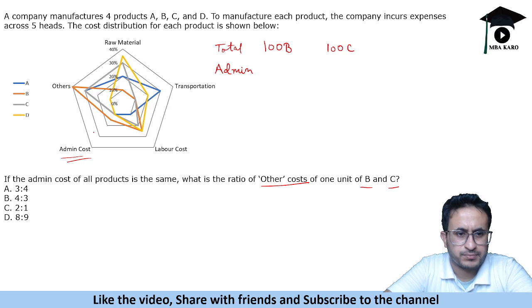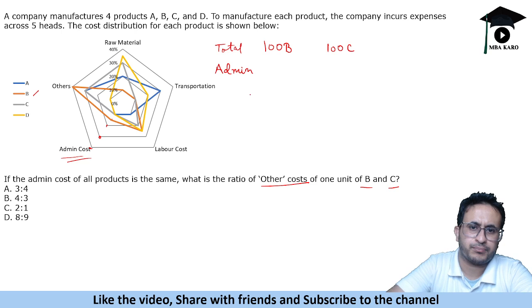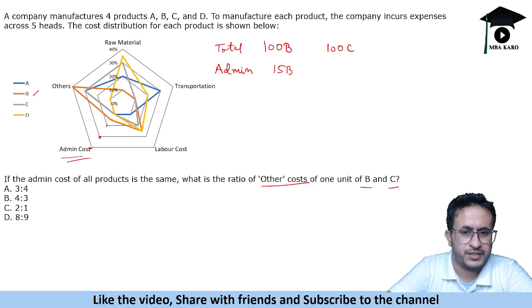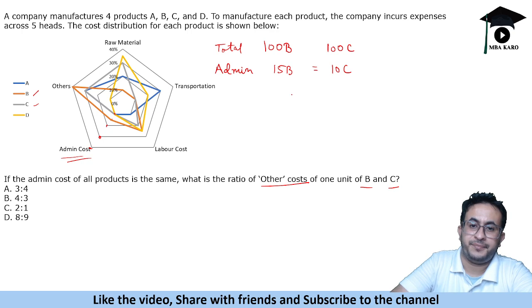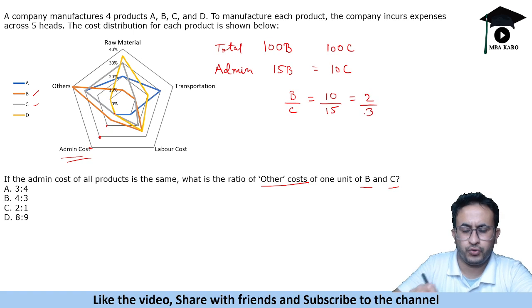Admin cost is same, so admin cost of B is this, 40, 30, 20, 15. 15% of B is equal to, C is the gray one and it is 10%, equal to 10% of C. So it means B upon C is 2 by 3.